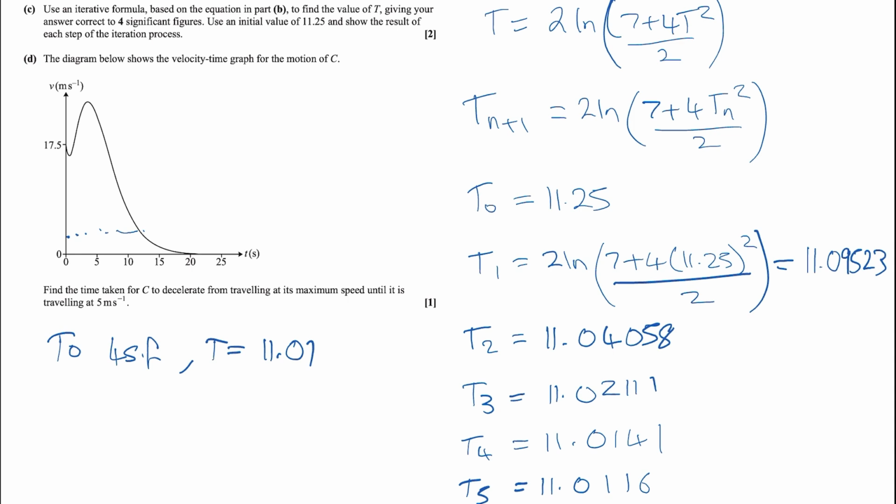Okay, brilliant. So the last part then says, find the time taken for c to decelerate from traveling at its maximum speed until traveling at 5 meters per second. So we need to kind of think about what this is here. This is a velocity time graph, okay?